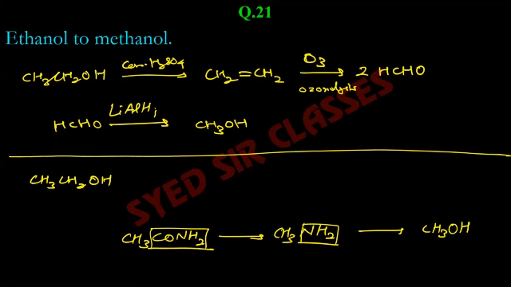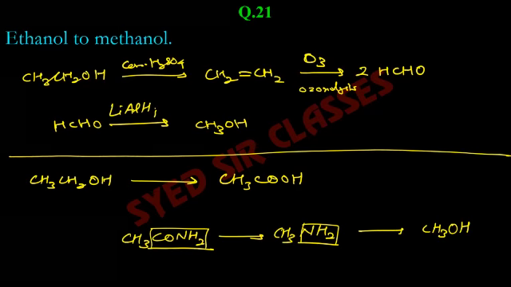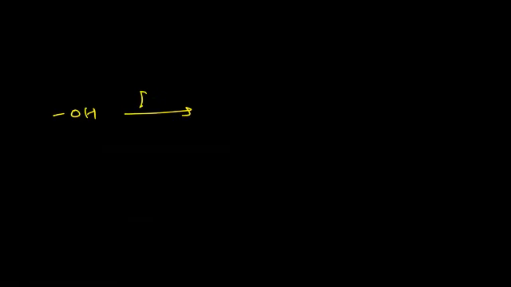For that, we first need to oxidize the alcohol to get the acid, because acids can easily be converted to amide. So first we convert it to acid, and that conversion is oxidation, direct oxidation from alcohol to acid. If you remember, I told you that alcohols can be oxidized to aldehydes, and these can be oxidized to acids.